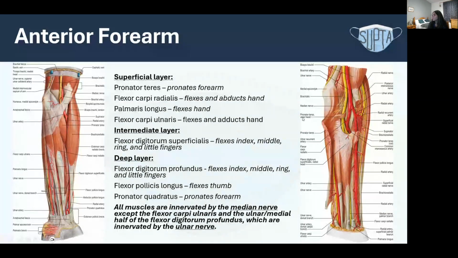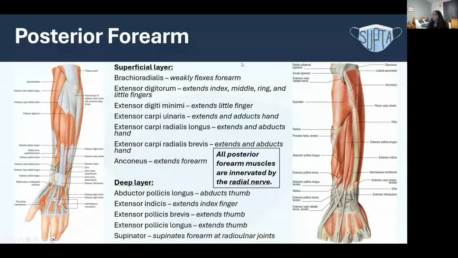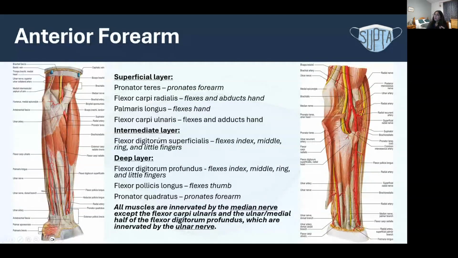And you can see all these muscles here, pronator teres, and these are all quite detailed. But what's more important for you to know is the function. Now, I also did not mention, all of the muscles of the anterior forearm are innervated by the median nerve, most of them.